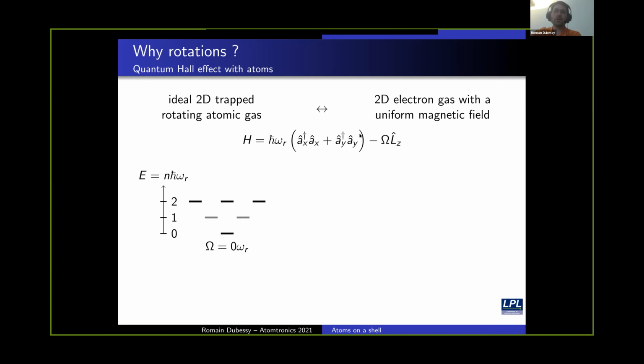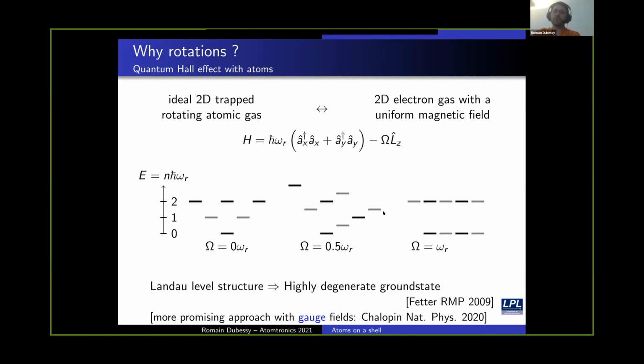What is particularly interesting in this setup is that if you rotate fast, and fast means that you rotate close to the trap frequency, the level structure of the harmonic oscillator changes, and you are left with a Landau level structure with a highly degenerate ground state that will result in some very interesting many-body correlated states.